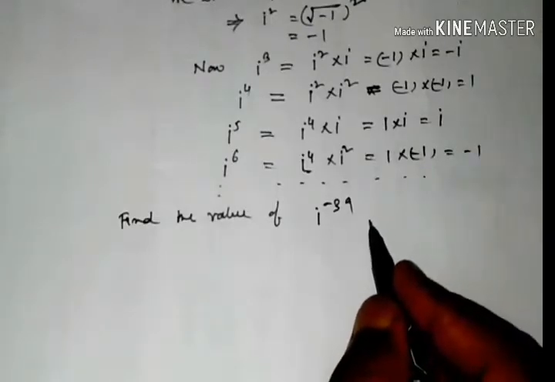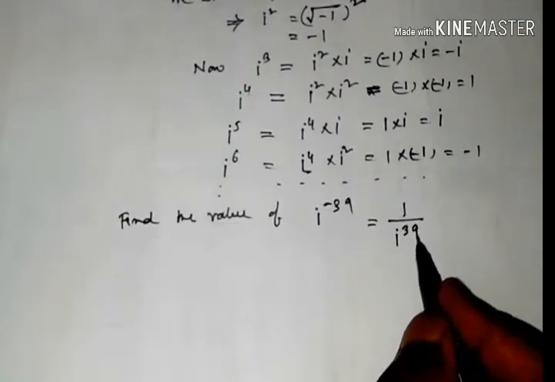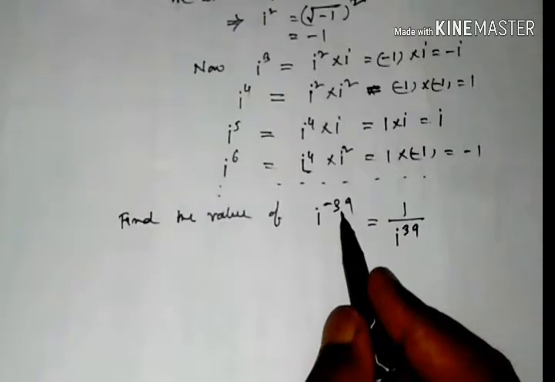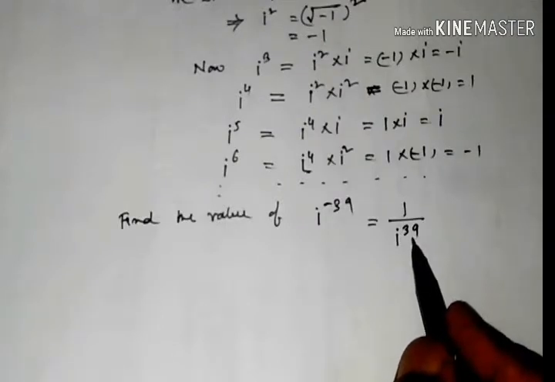That is 1 by i to the power 39. At first we have to remove the negative sign, according to the laws of indices.